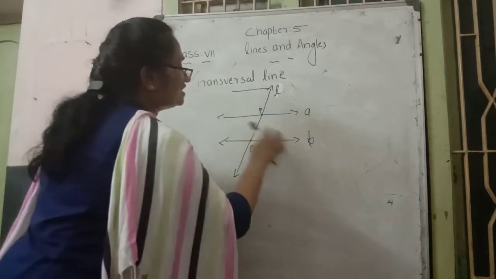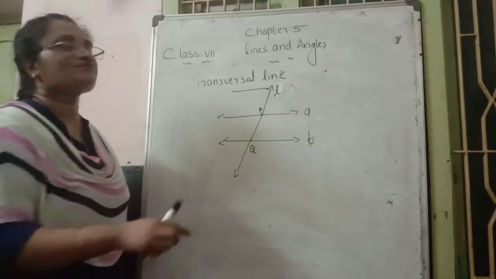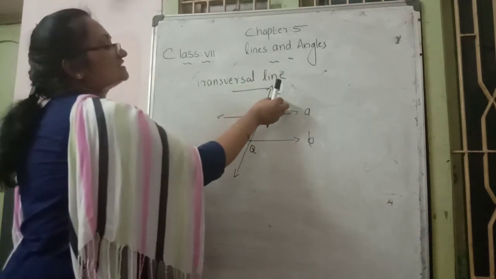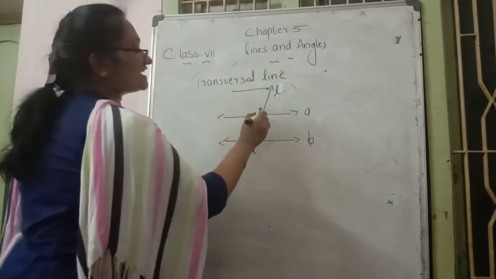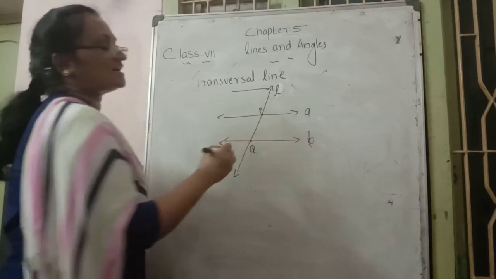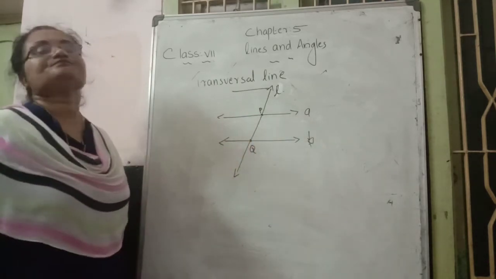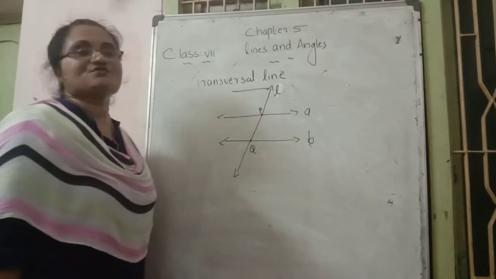So the first line we name A, the second line we name B, and these two parallel lines are cut by a transversal line. Where it intersects A and B, here and here, we mark those points as P and Q. Then we can say it is a transversal line.